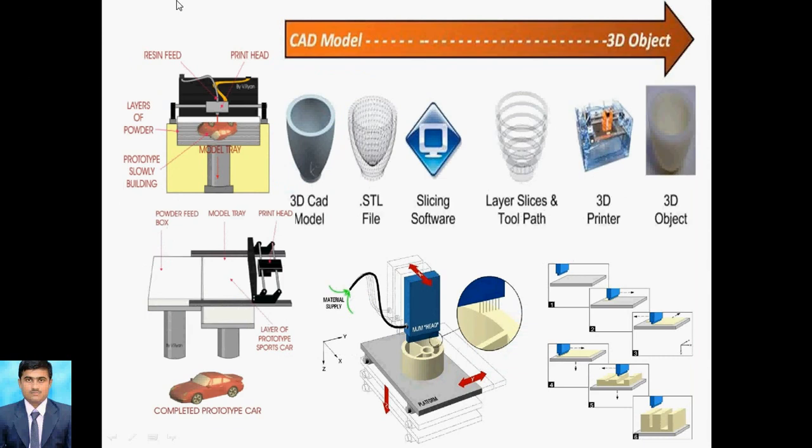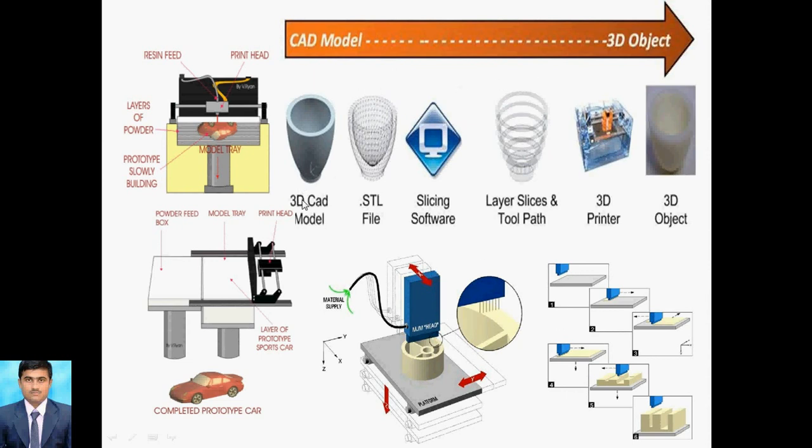Now we move to the CAD model to 3D object. Here it is clearly shown that the object, or the extruder, we can move to and fro, up and down. So this is the scenario for forming a 3D object.